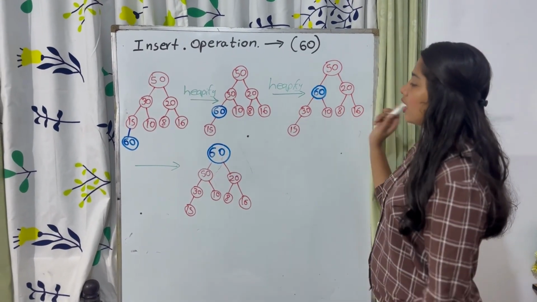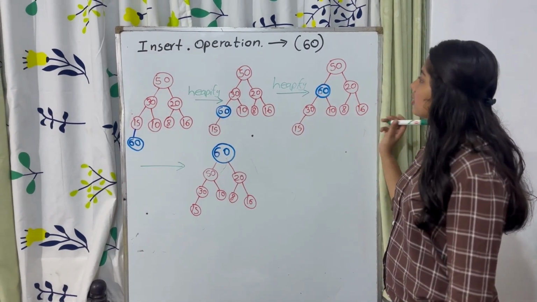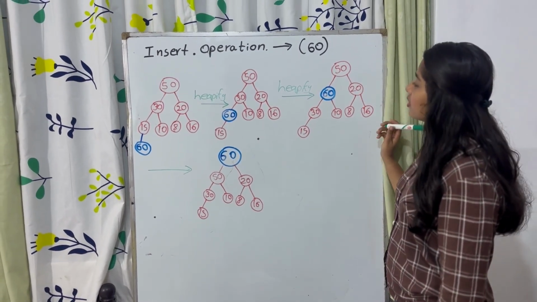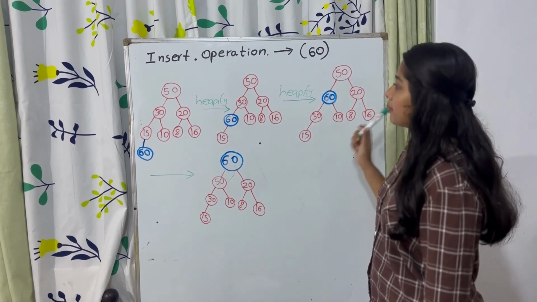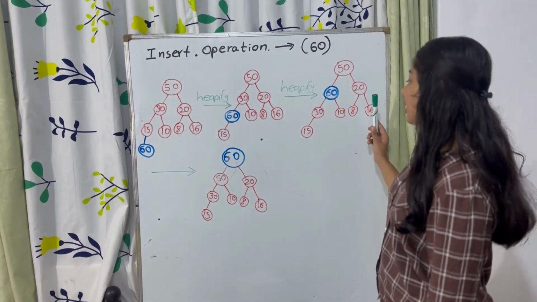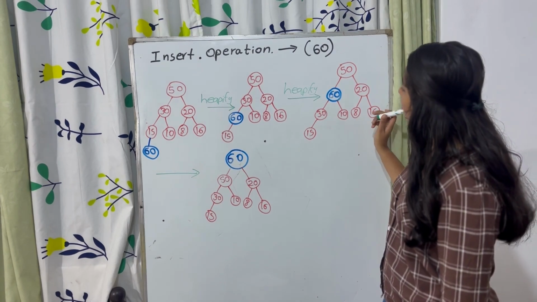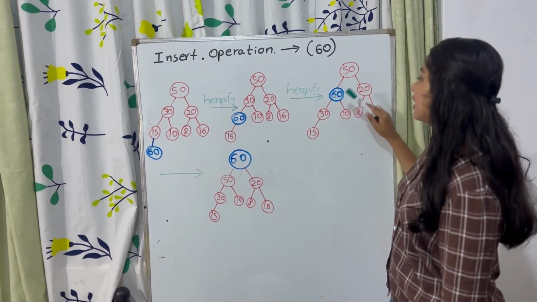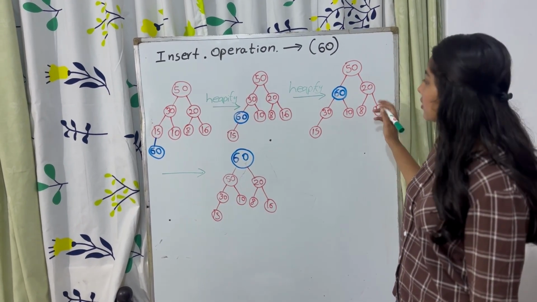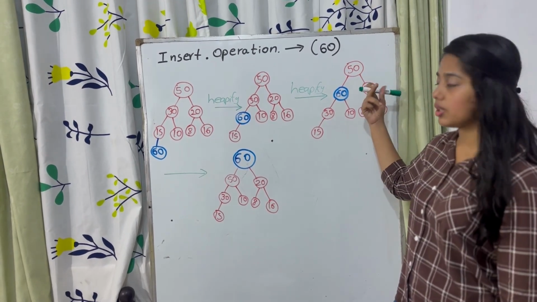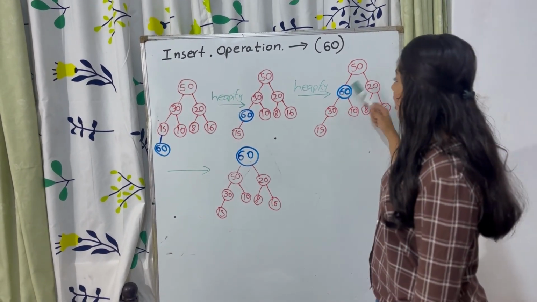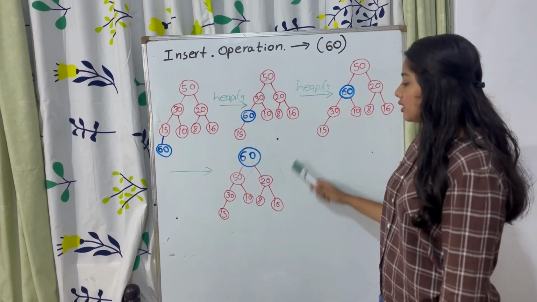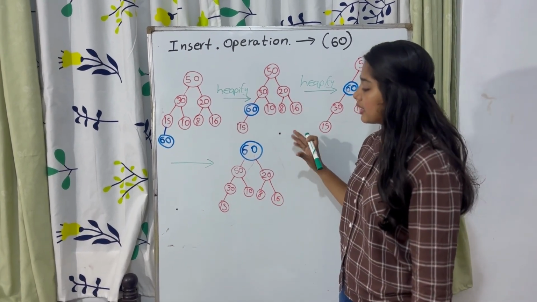After swapping these two numbers, we can check whether this tree is max heap or not. As we can see, 50 is less than 60, so we have to swap these two numbers. After swapping these two numbers, we can get the max heap tree.